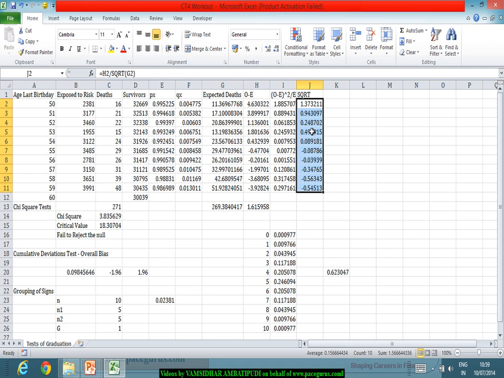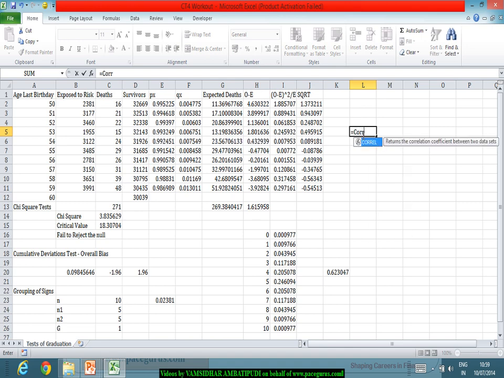So if I'm using the correlation between Zx and Zx minus 1, with just one period lag, I'm trying to find out the correlation, which is working out to somewhere around 0.88. That is what we are calling the serial correlation.